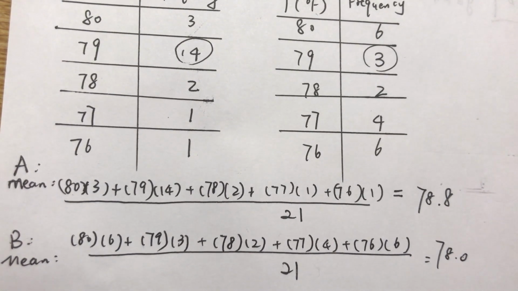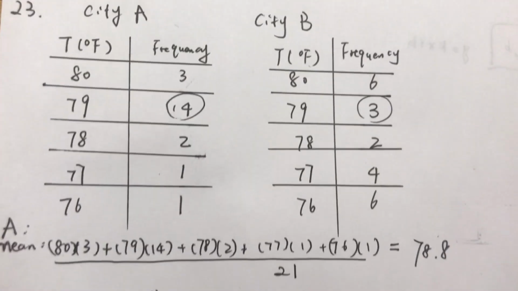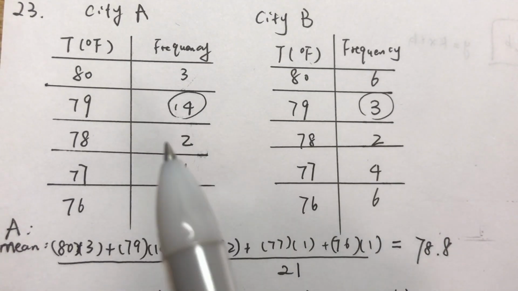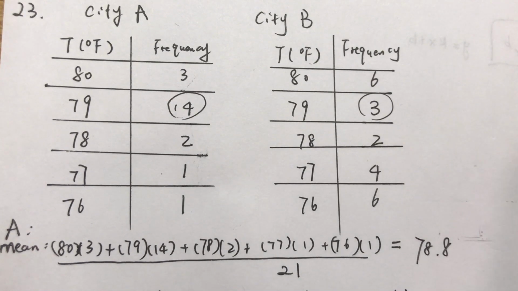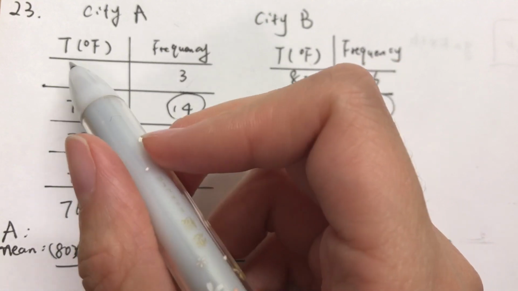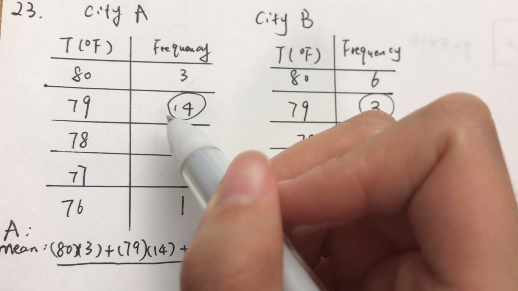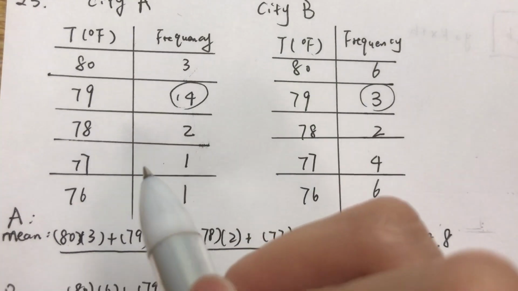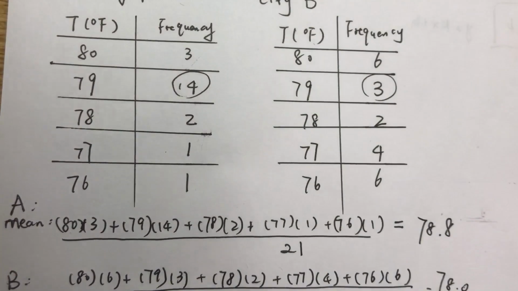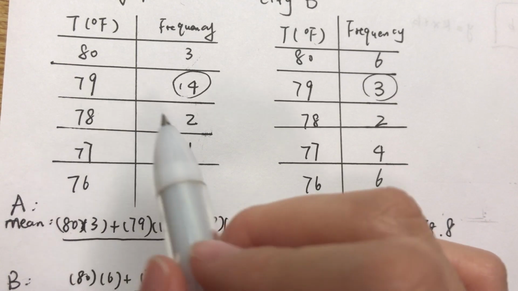After we get this, we can compare the frequency of the different temperatures for city A and city B. For city A, if the temperature is 79 Fahrenheit, the frequency is 14. There is a lot of frequency close to the mean, so this data is clustered together.